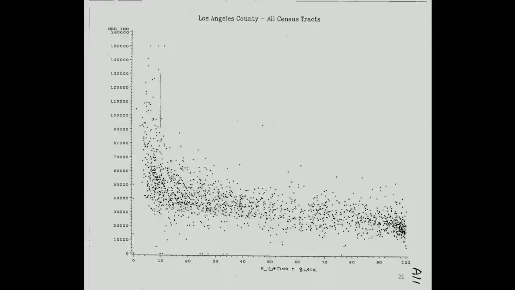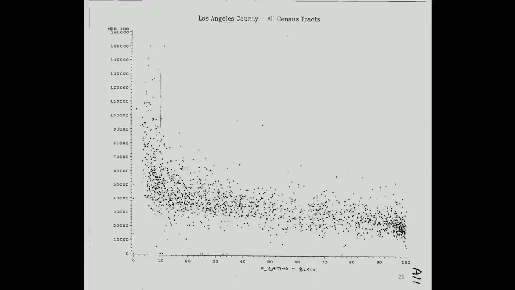LA County has about 1,500 census tracts. And for each one of them, we took the median household income, which ranged from 0 to $150,000 or higher. So these are really wealthy census tracts where we have very high income. And down here are census tracts that are medium to lower, and these are very poor tracts down here.